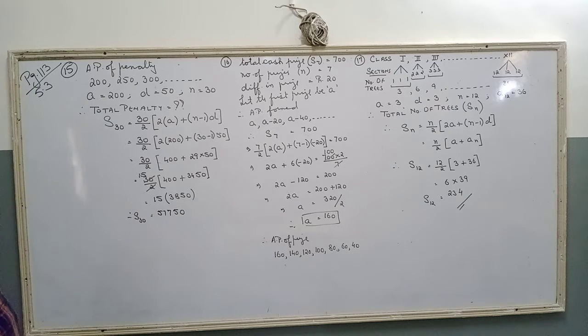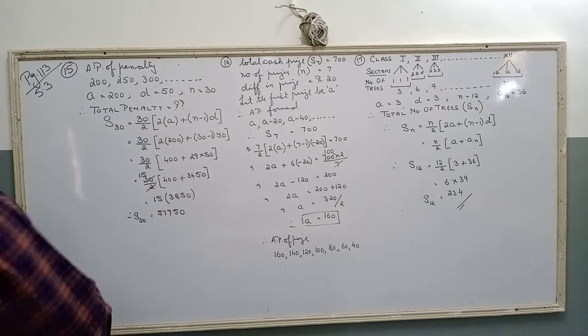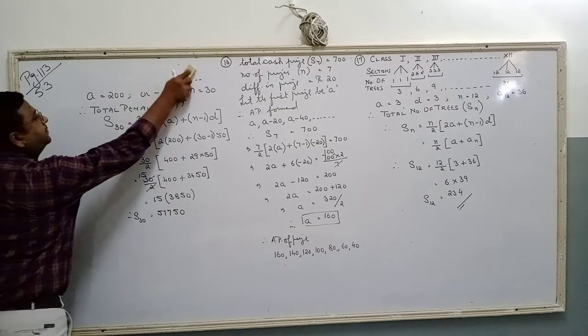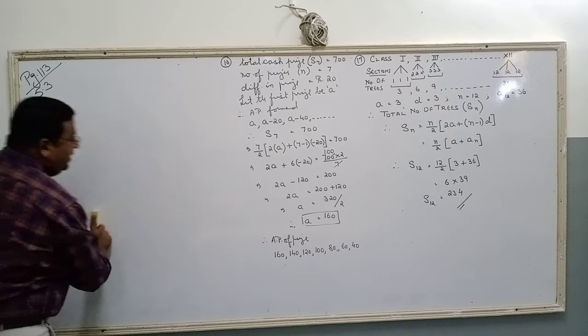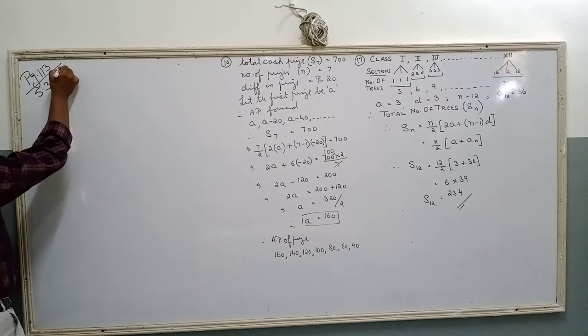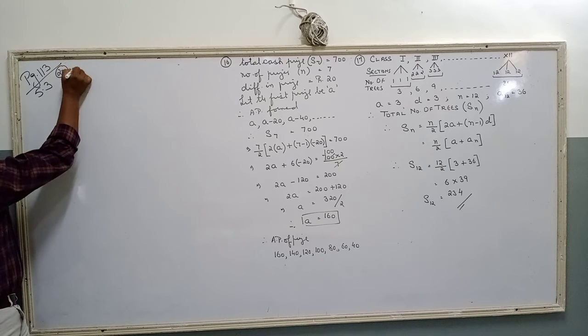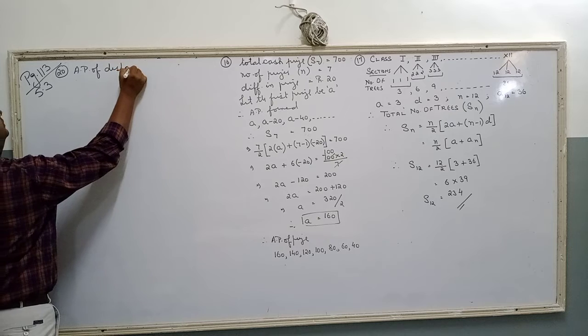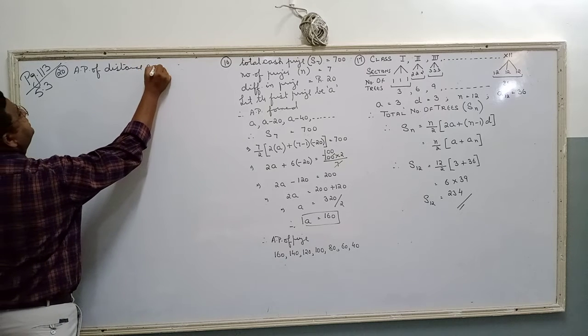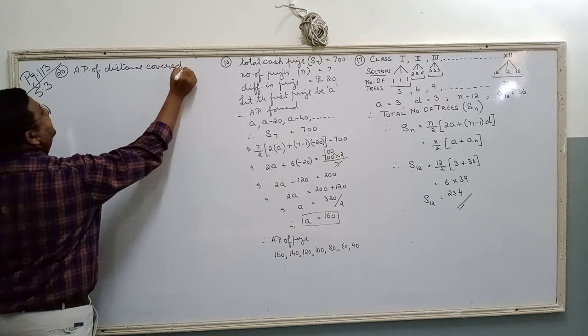So just check. If there are 10 potatoes, how many times is the student supposed to do that? 10 times? Yes? Okay. And if you read the question very carefully, you find an AP of distance covered, you can say.